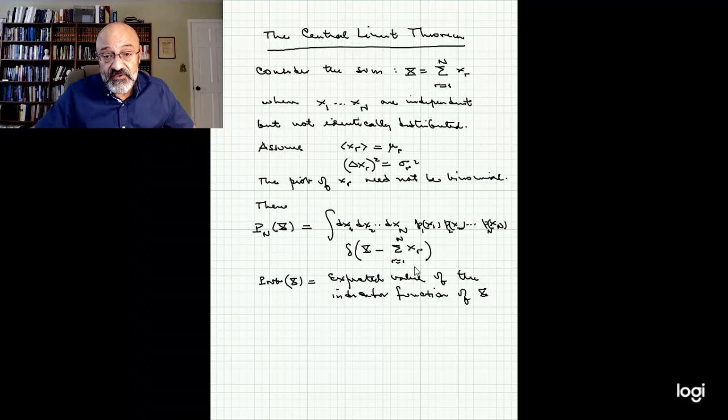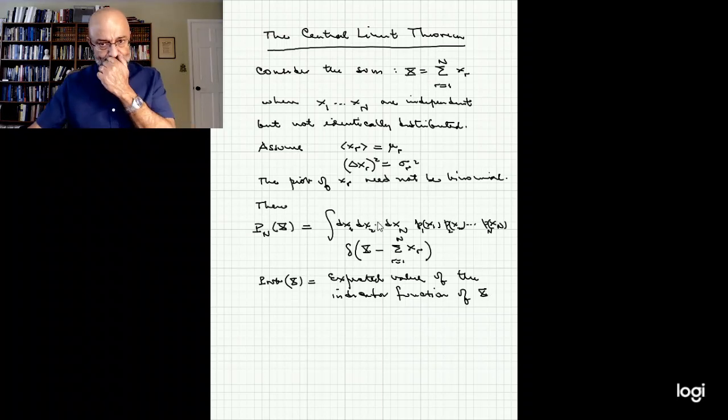The indicator function is a function that tends to be 0 when the function is not obeyed, and it's not 0 when it is obeyed. So the derivation of formulas like this is part of a homework problem, and I'll let you figure out how that works out. This is a useful trick.